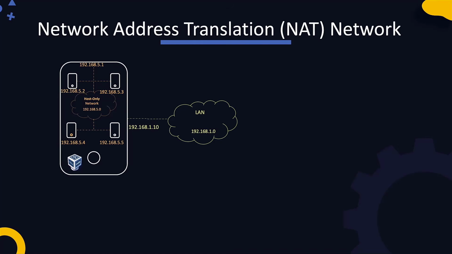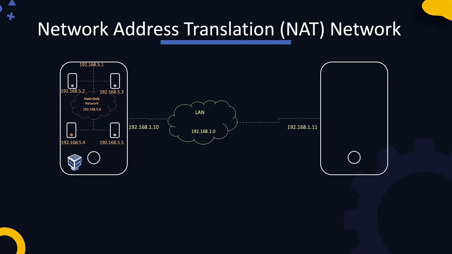So say we have another physical machine in the network. Just building off that previous example, on one side we have our host-only network and the VMs inside it, but we also have another host that's attached to this particular network, and it has an IP 192.168.1.11.